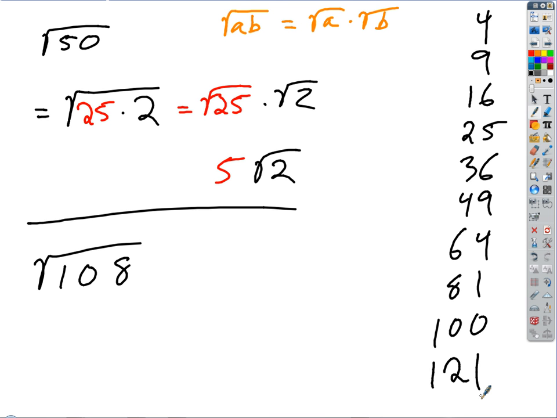49. Okay, true, but if we took half of 108, because it has to be an even multiple, it has to divide evenly into 108. So if 108 doesn't work, the biggest number that could possibly work would be half of 108, right? Which is 54. So 54 is not a perfect square, but we can start on our list right here then, because 64 is too big.